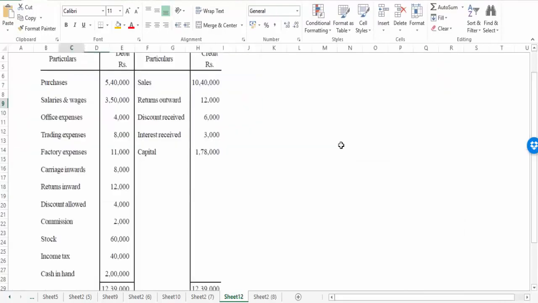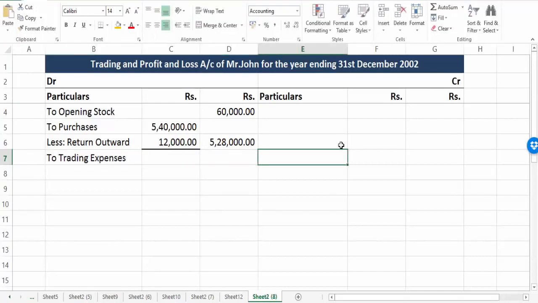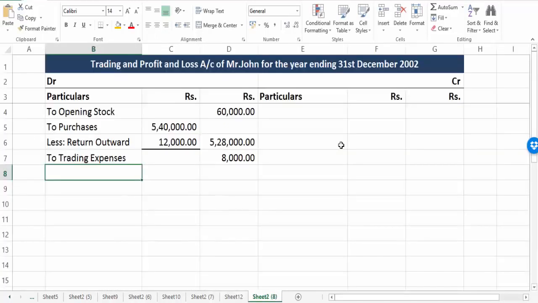Then what are the other items? We have salaries related to P&L. Let's try to capture the item related to trading first. Office, P&L, trading expenses 8,000. So to trading expenses 8,000. Then we have factory expenses 11,000.